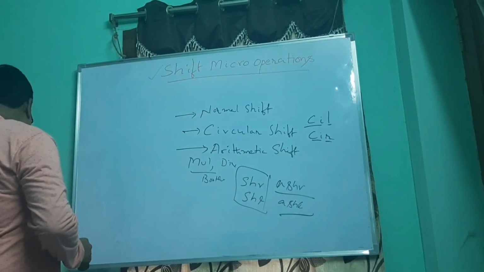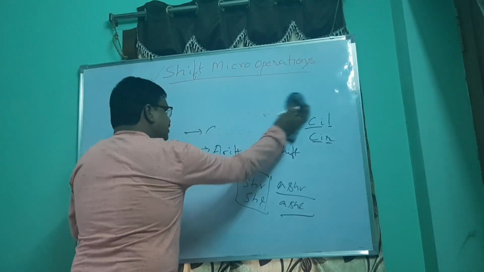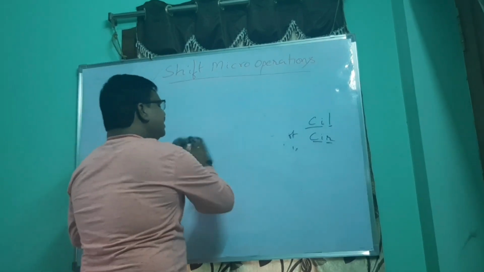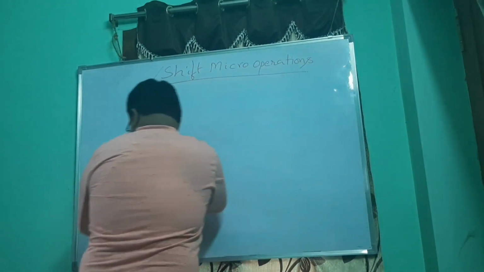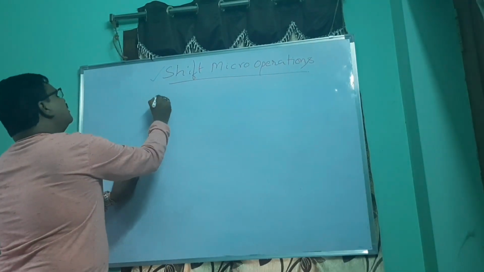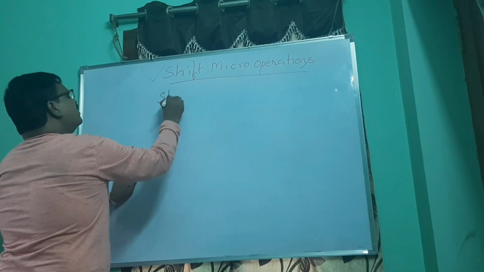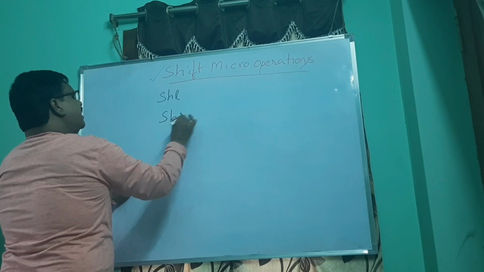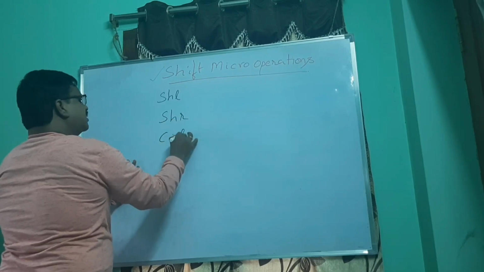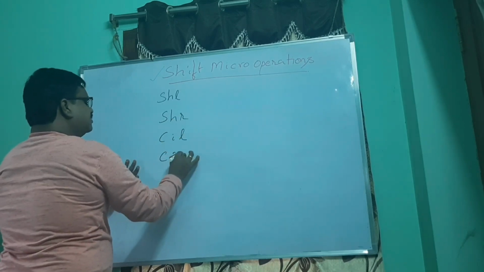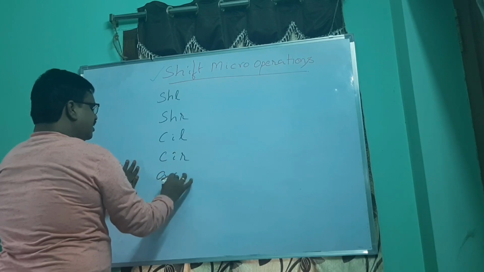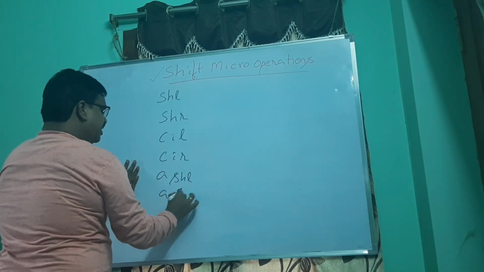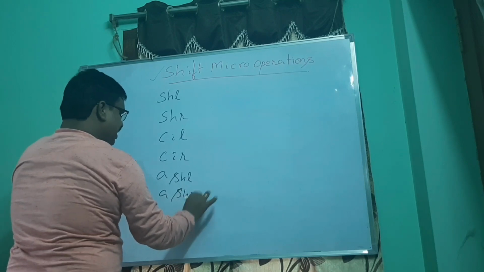So there are basically 6 shift micro operations: shift left, shift right, circular left, circular right, arithmetic shift left, and arithmetic shift right.